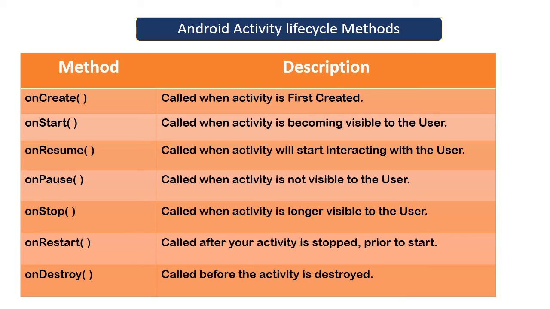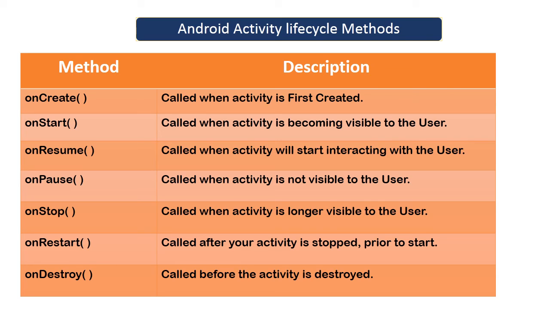There is a sequence of callback methods that start up an activity and a sequence of callback methods that tear down an activity, as shown in the activity lifecycle diagram. The activity class defines the following callbacks, that is the events. You don't need to implement all the callback methods. However, it's important that you understand each one and implement those that ensure your app behaves the way users expect.